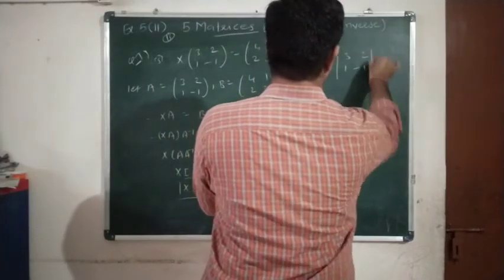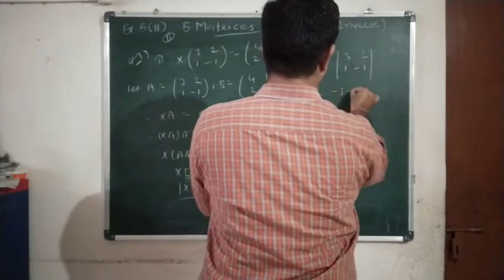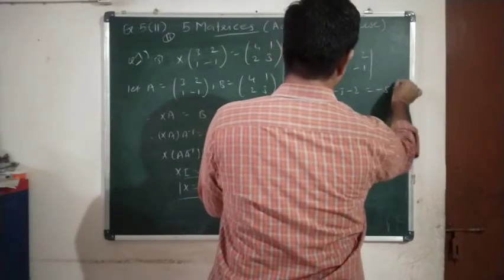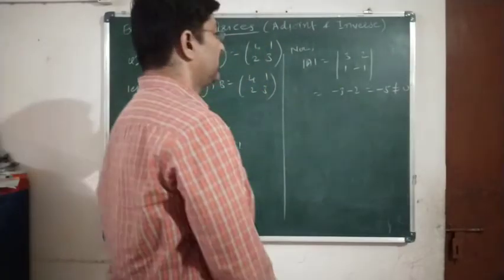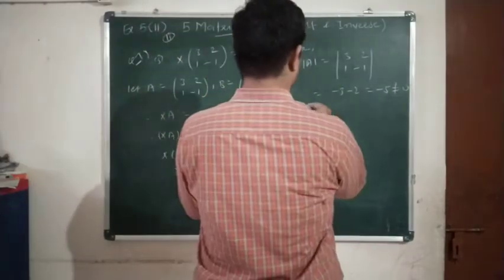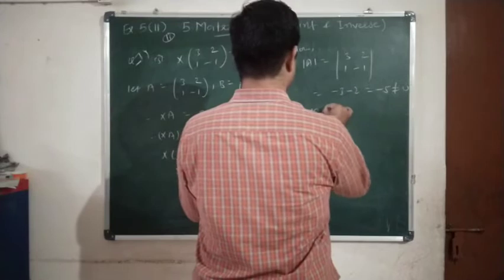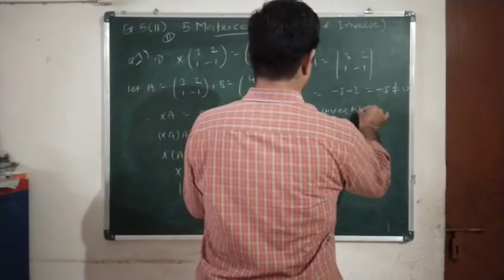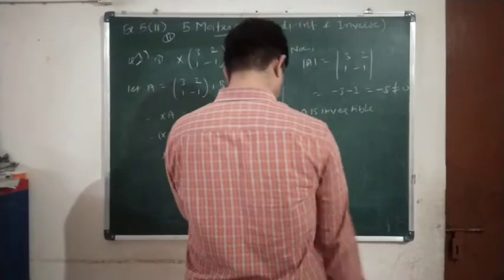3, 2, 1, minus 1, minus 3, minus 2, minus 5, not equal to 0, and therefore A is invertible.